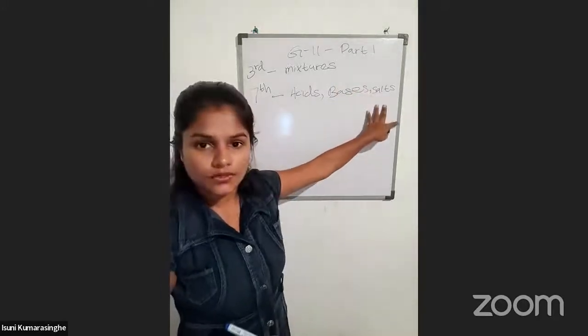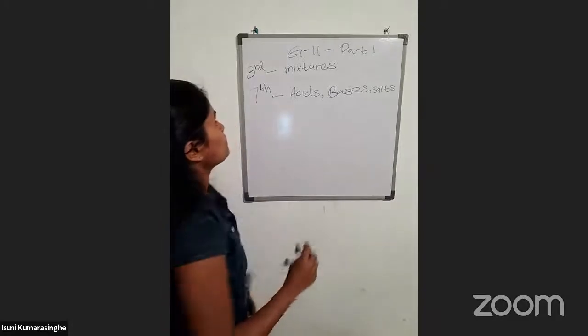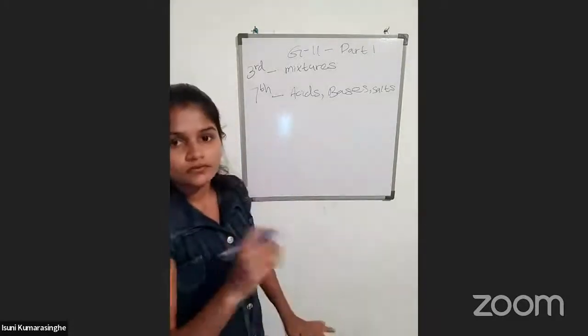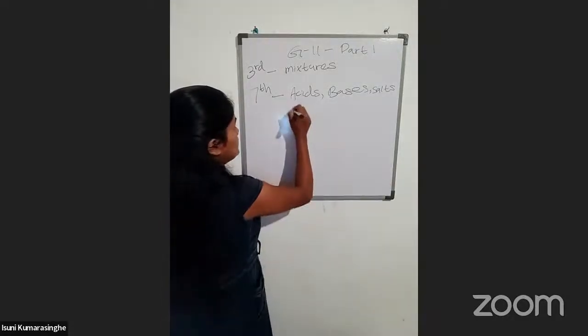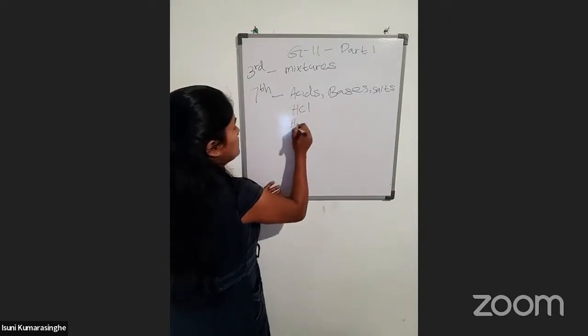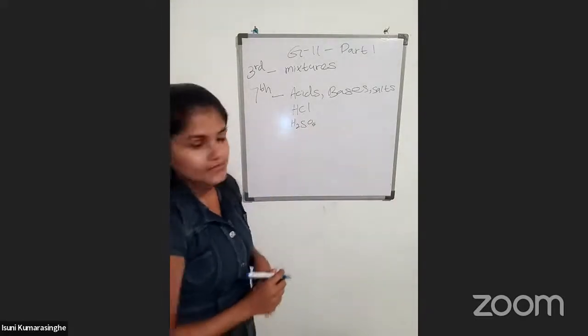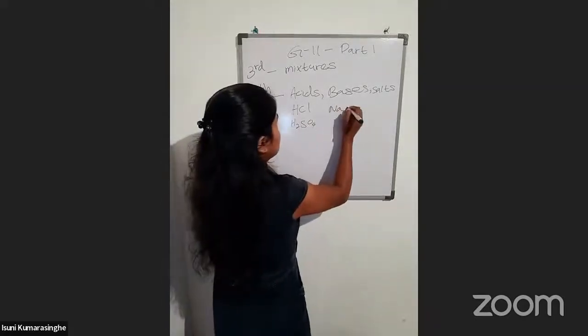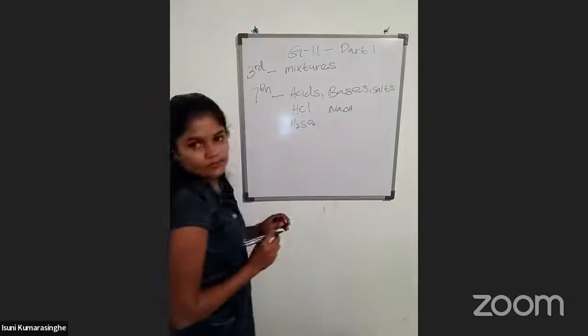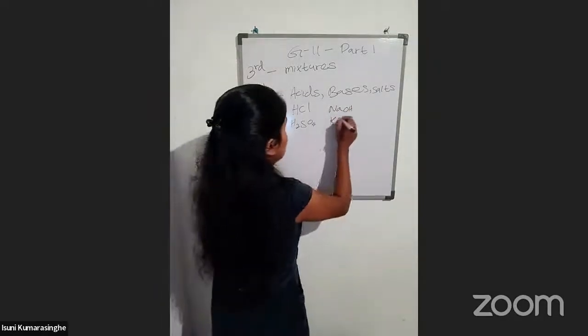Then salts. For example, what are examples of common acids? HCl, hydrochloric acid, and sulfuric acid. What are the common bases? Sodium hydroxide, sodium bicarbonate, potassium hydroxide.